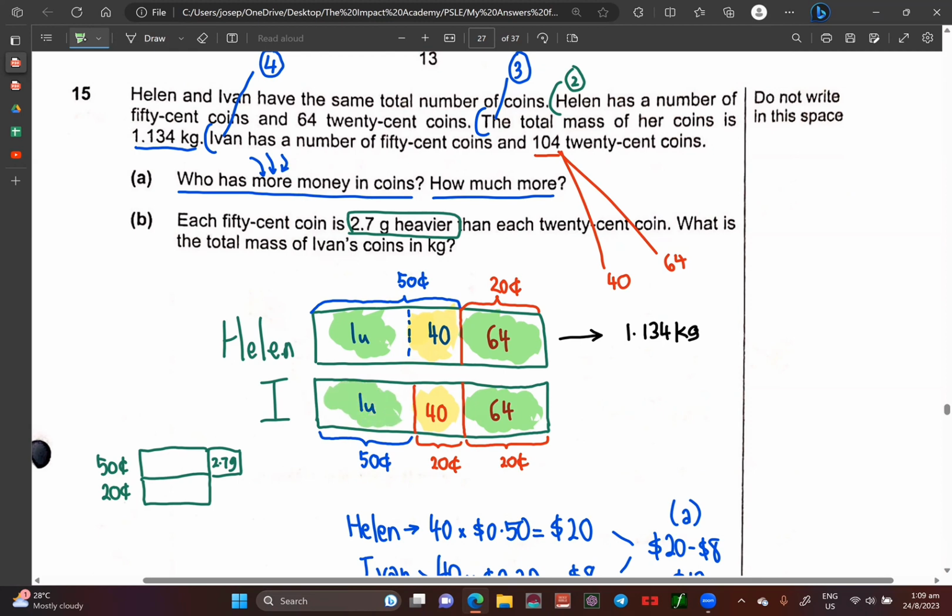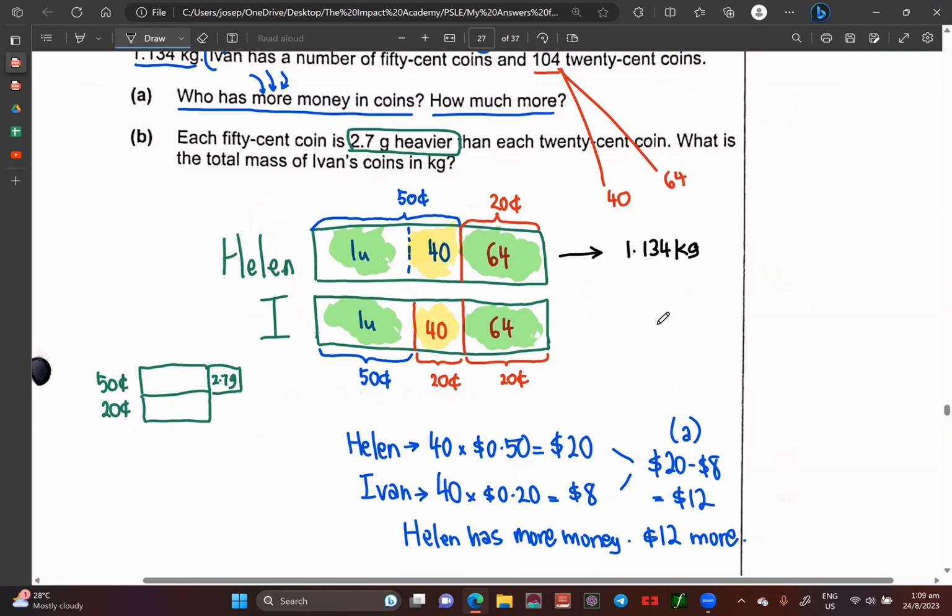The only difference in weight and in value is the parts that I've highlighted in yellow. So these 40 50-cent coins from Helen are definitely heavier than these 40 20-cent coins from Ivan, because we already learned that the 50-cent coin is 2.7 grams heavier, right?